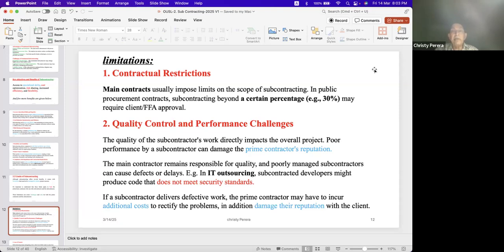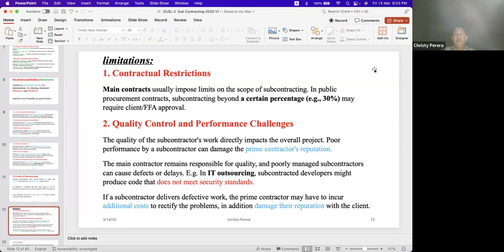And poorly managed subcontractors can cause defects or delays. Example, IT outsourcing: subcontracted developers might produce code that does not meet security standards.